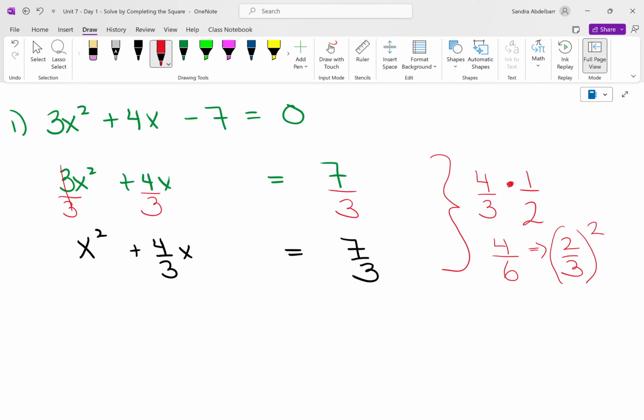And then we're going to take that 2/3 and we're going to square it. What's 2/3 squared? 4/9. Yeah, 4/9. So we're going to say plus 4/9 to the left side and plus 4/9 on the right side.